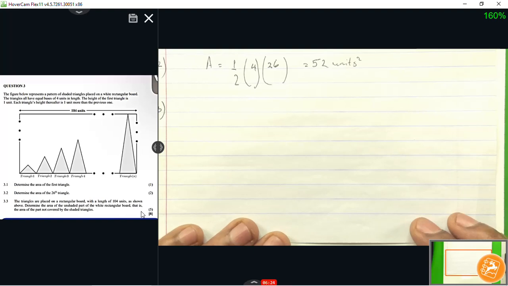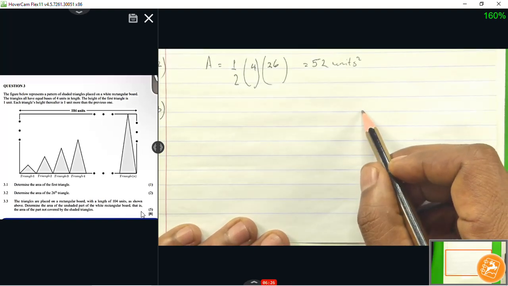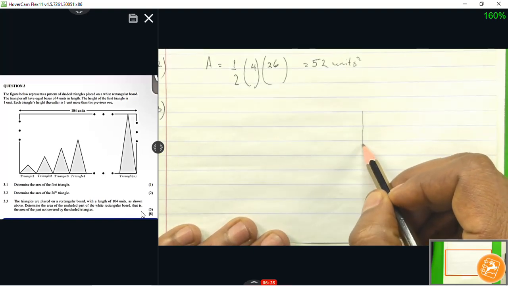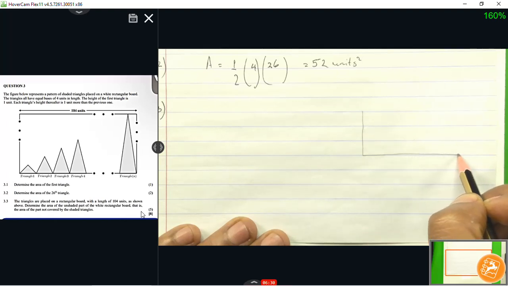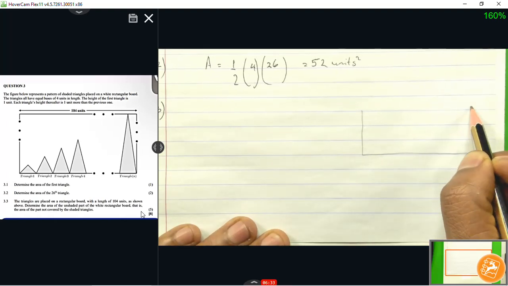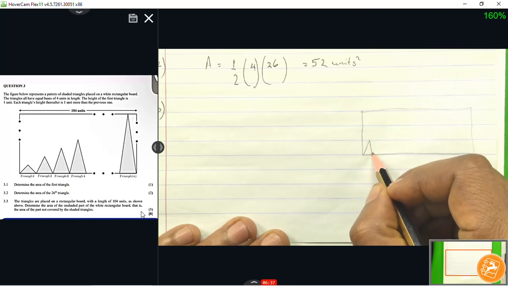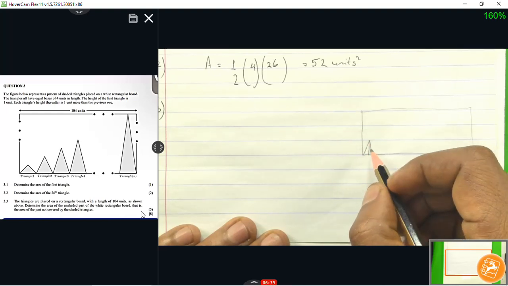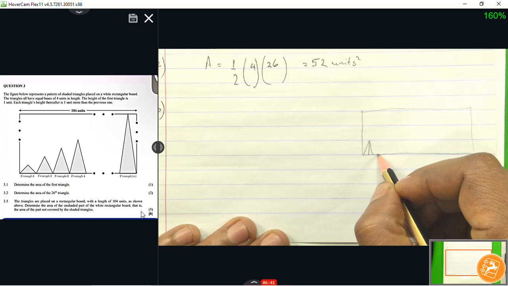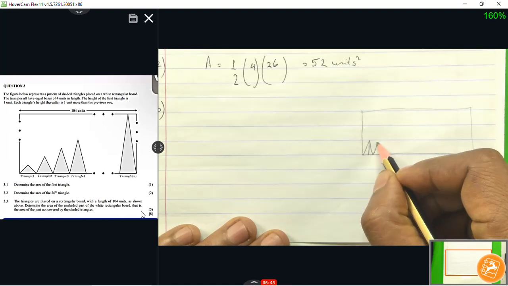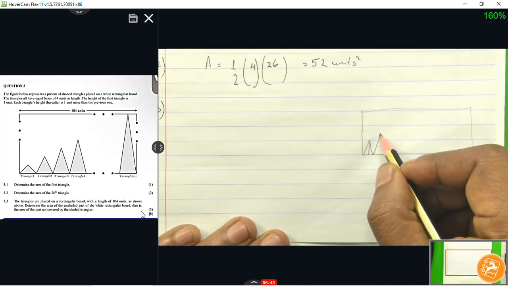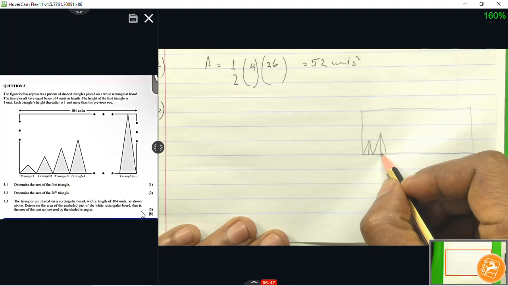They say the triangles are placed on a rectangular board. So let's say we have a rectangular board. There it is. Then I place triangles on top of this board. So this one is 1. This one is 2. Right, it's not on scale, isn't it?